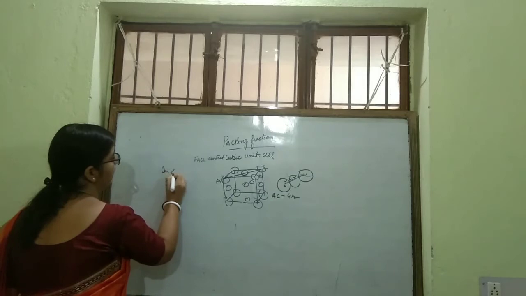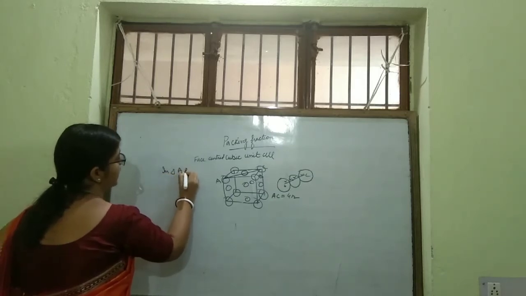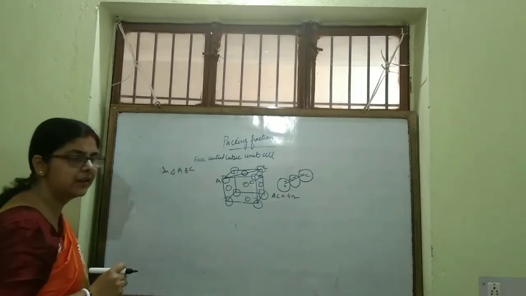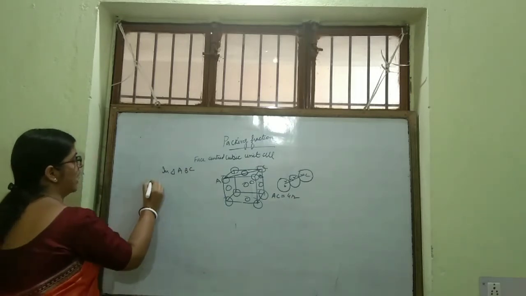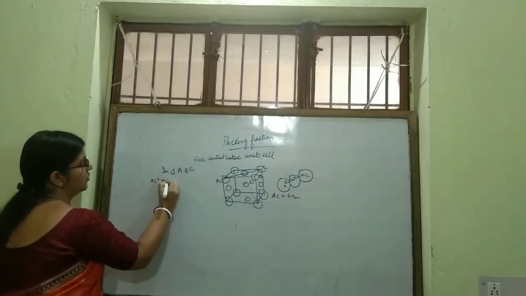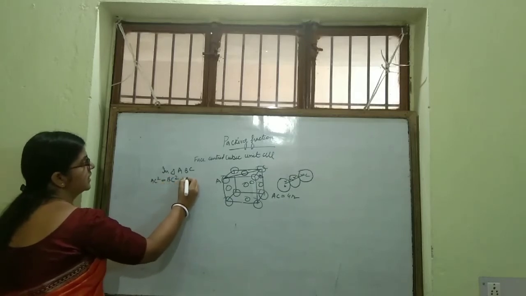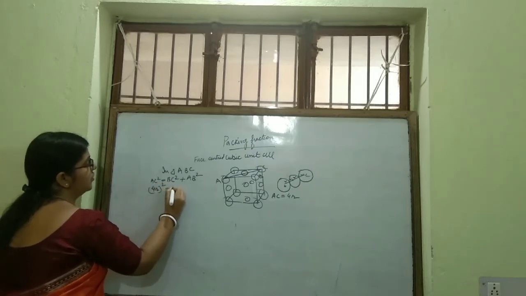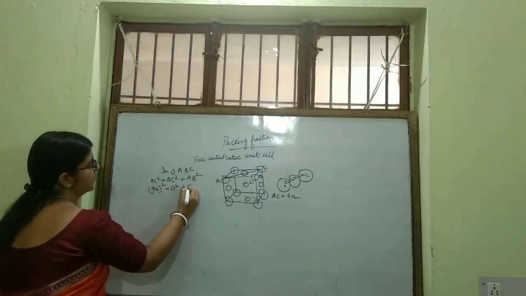Now, we will again proceed like this. In triangle ABC, this is a right angle triangle. So, hypotenuse square AC square will be equal to BC square plus AB square. So, AC square, how much did you get? 4R whole square will be equal to A square plus A square.